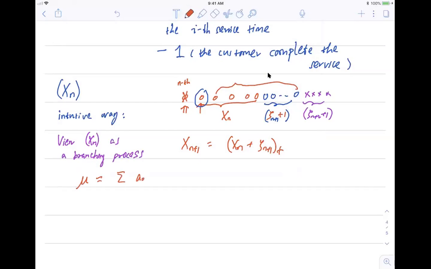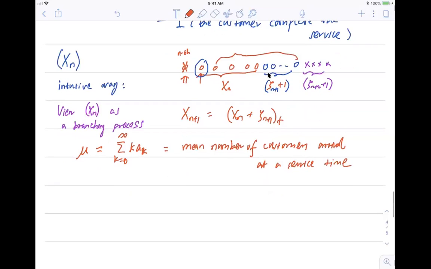It's the sum of A_k times k, for k from 0 to infinity. This is the mean number of arrivals of customers during a service time.